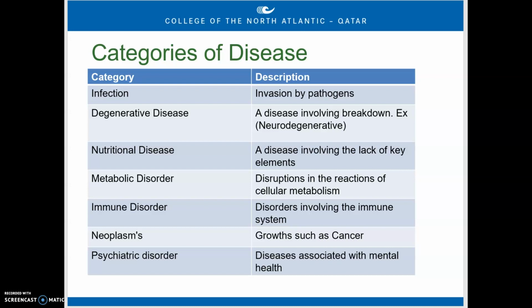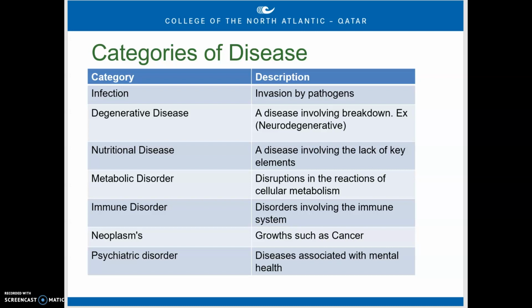We can have nutritional diseases in the case of famine, for example, where the body doesn't receive key elements of nutrition for survival. We can also have diseases that prevent the body from absorbing key elements of nutrition that it needs. You can have metabolic disorders, so we can have instances where cellular metabolism is interfered with, and this can cause wide-ranging effects on the body.